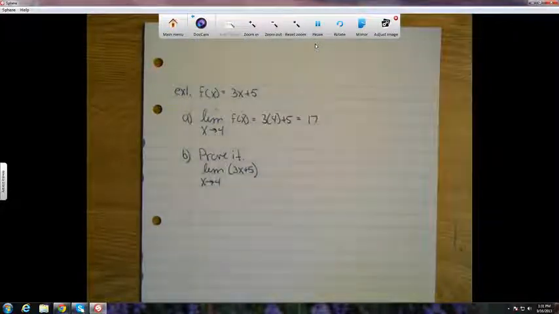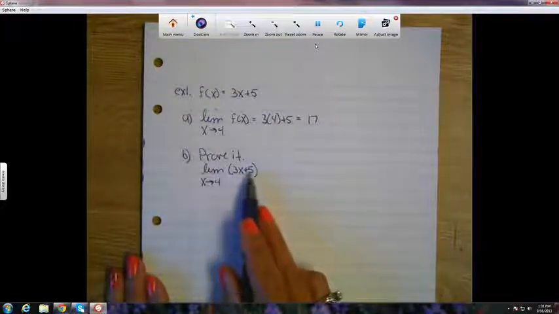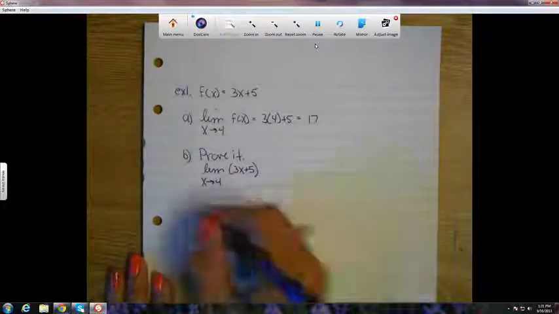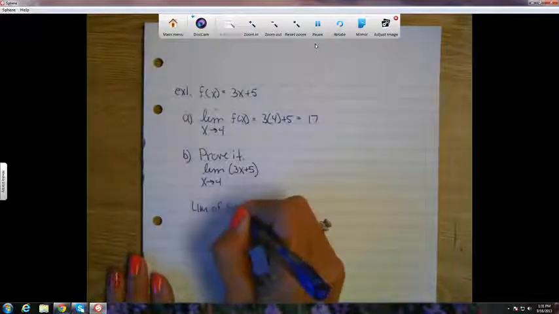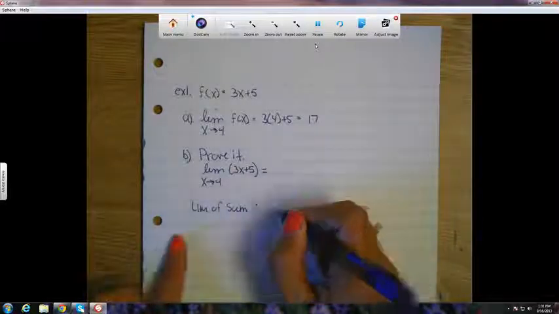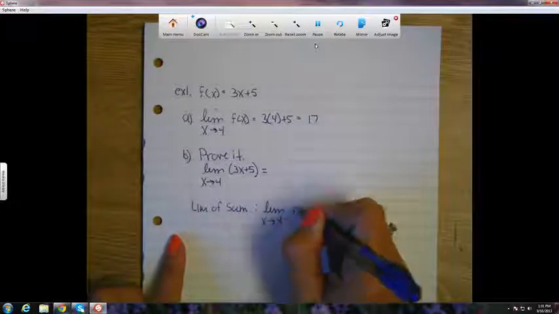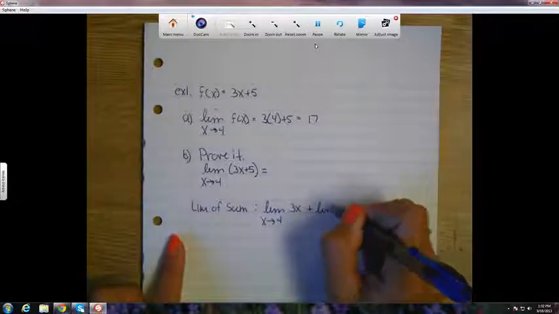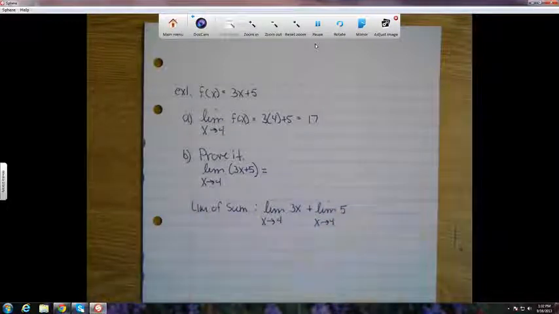The first thing you want to do is use the limit of a sum to break this apart into two separate limits. So you have to tell yourself what you're doing. So we're going to use limit of a sum, and I can now write the limit as x approaches 4 of 3x plus the limit as x approaches 4 of 5, because that's what that property says.